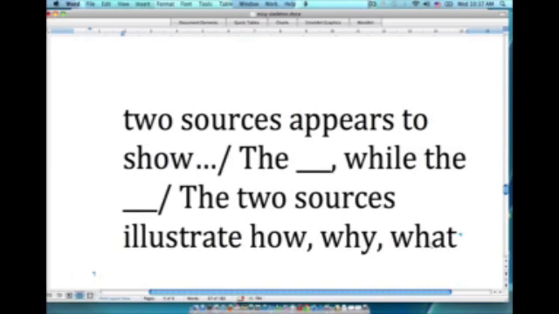And that's probably what we'll use here. Or perhaps even the two sources illustrate how, and then whatever, or why something happens, or what sort of thing happens.